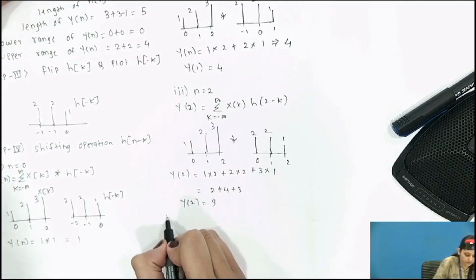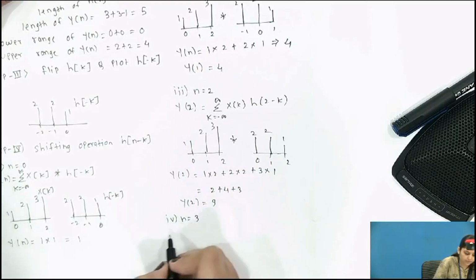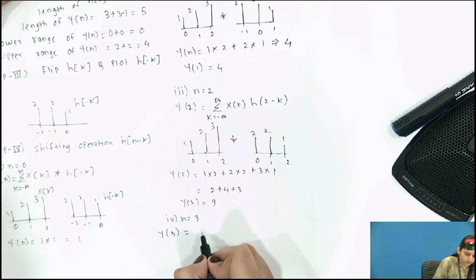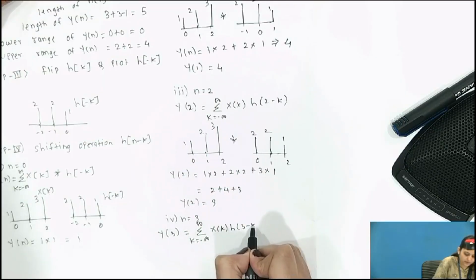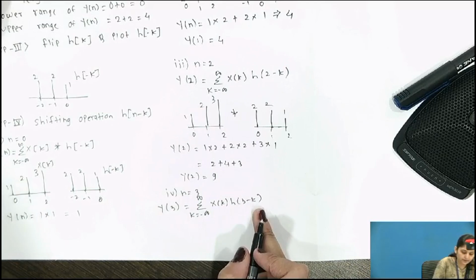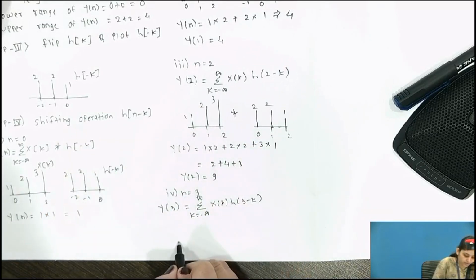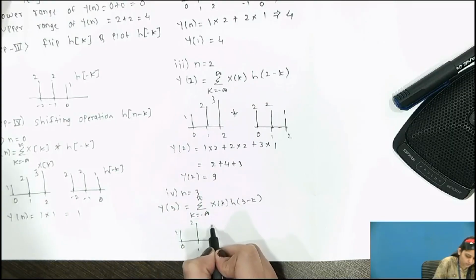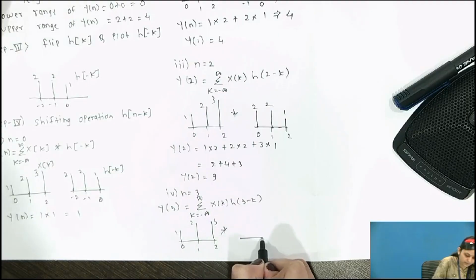So here we can calculate our next step for n equal to 3. y of 3 is equal to the summation of k equal to minus infinity to plus infinity x of k h of 3 minus k. So we plot x of k as it is, and h of 3 minus k starts from now 1. x of k is 0, 1, 2, amplitude 1, 2, 3, multiplied with h of 3 minus k, which is 1, 2, 3, amplitude 2, 2, 1.